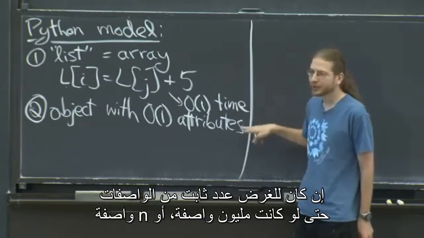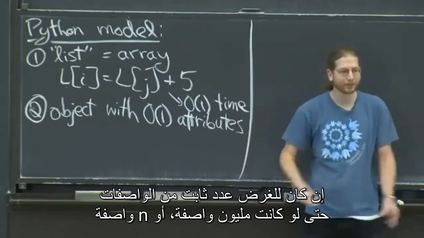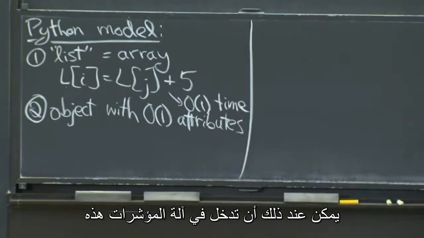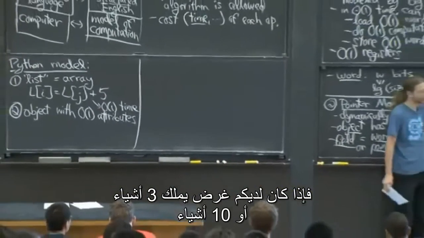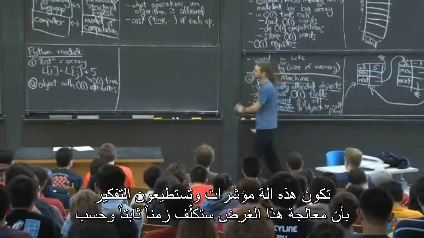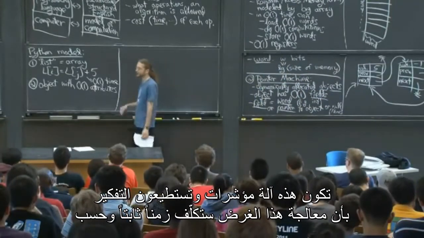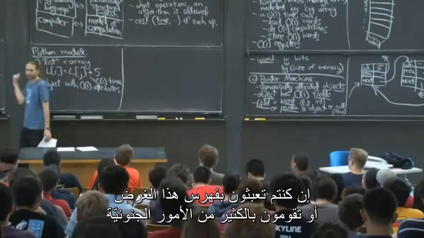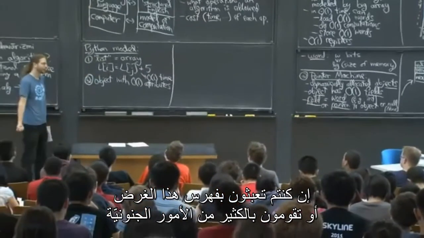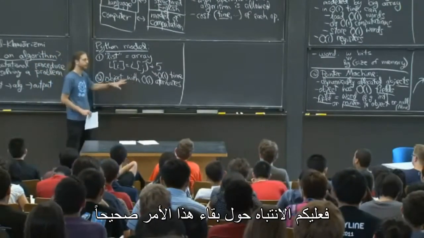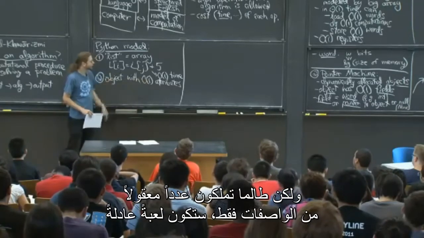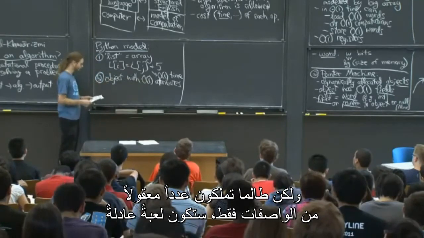If your object has a constant number of attributes, it can't have like 1,000,000 attributes, or n attributes, then it fits into this pointer machine model. So if you have an object that only has 3 things or 10 things, that's a pointer machine. You can think of manipulating that object as taking constant time. If you are screwing around with the object's dictionary and doing lots of crazy things, then you have to be careful about whether this remains true. But as long as you only have a reasonable number of attributes, this is all fair game.